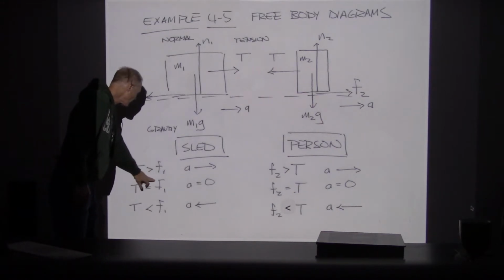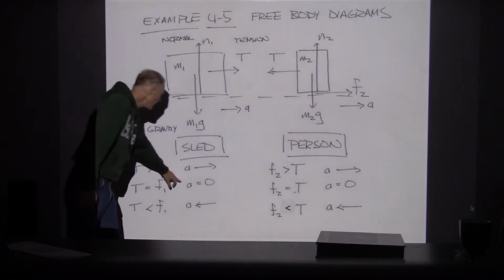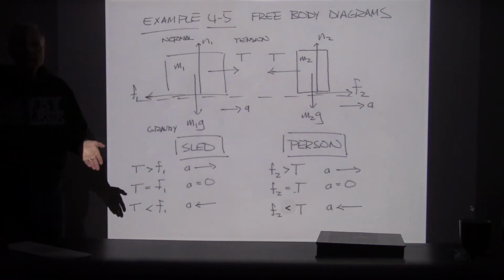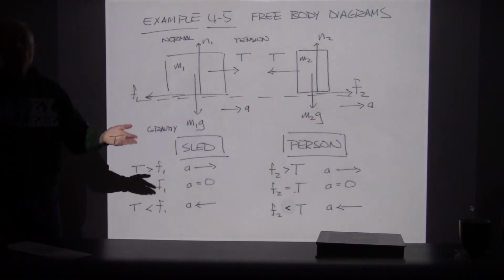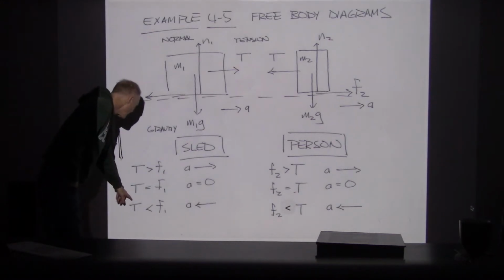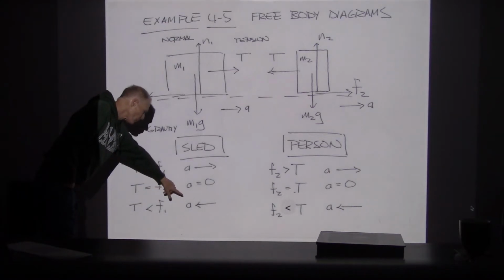If the tension matches the frictional force, friction 1, then the acceleration will go to 0. Now remember, acceleration going to 0 doesn't mean it stops. Acceleration going to 0 means it continues with constant velocity. And then finally here, if the tension drops off, then it will slow down.